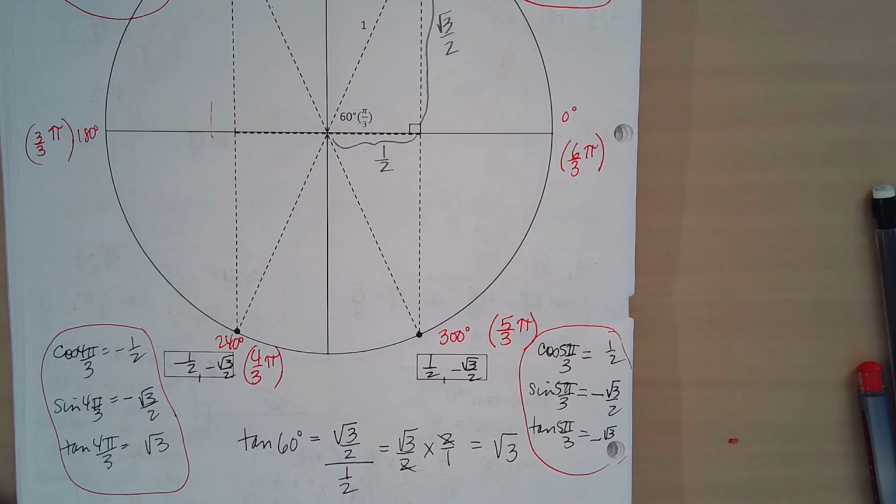This is going to be 1/2, this is root 3 on 2, and this one's just root 3. That's it. That's not so bad, right? Okay. Questions?